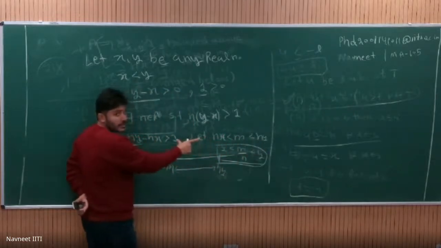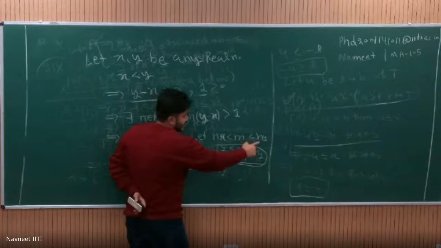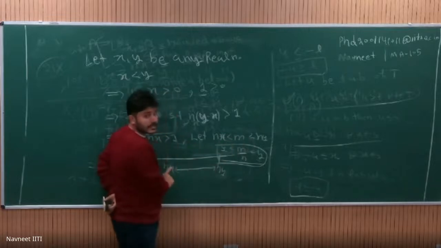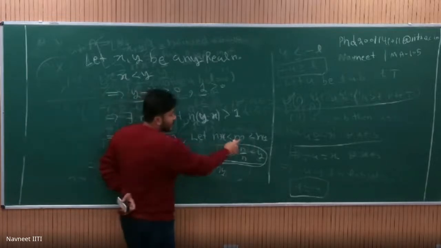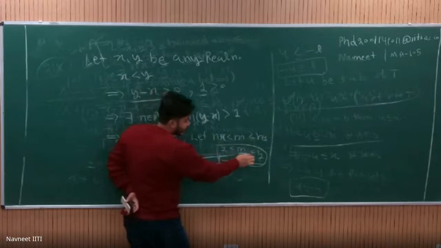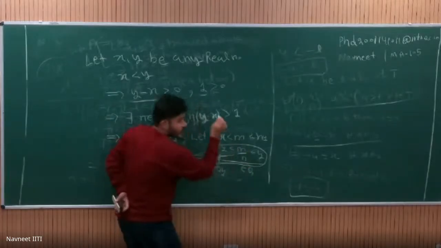This part you got or not? Yes, sir. Okay, nx is less than m and less than ny. In between means it should be greater than one number and less than another number. Then dividing both sides by n, you will get that x is less than m by n and less than y. Okay, sir, I got it.